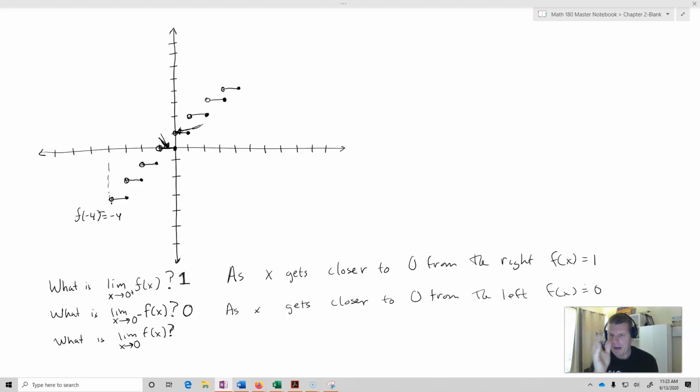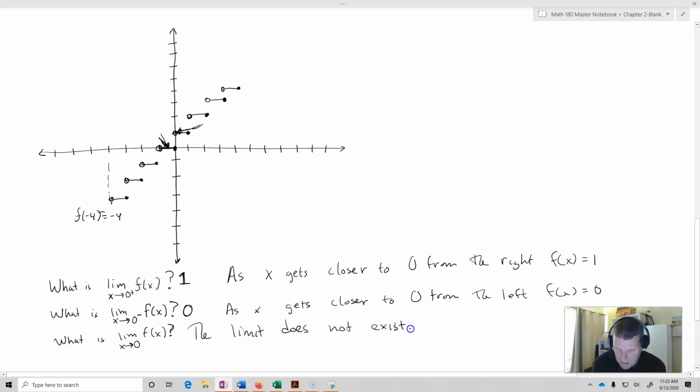As we get closer from the left-hand side, it's 0. As we get closer and closer from the right-hand side, it's 1. That's a problem. What that means is the limit does not exist. But it does have a right-hand limit and a left-hand limit.